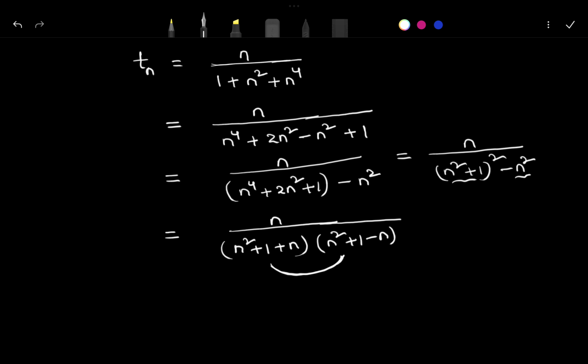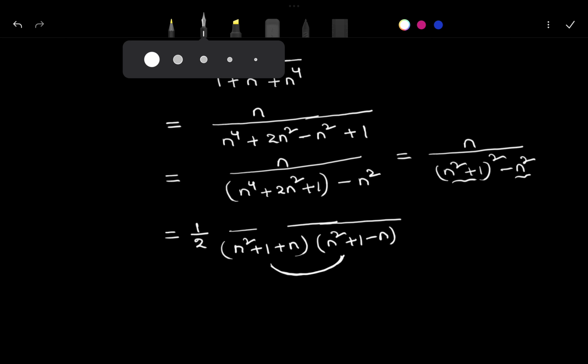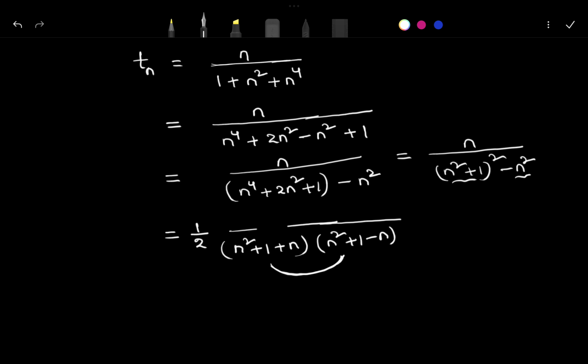So here I will multiply and divide this with 2. Here the numerator part will be 2n.